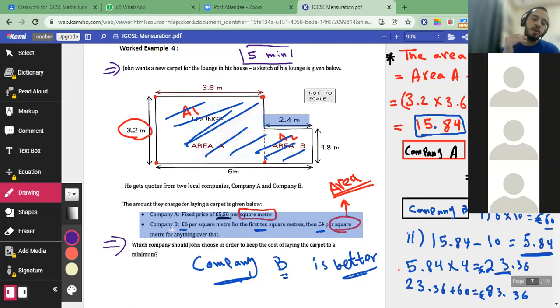Noor, you did a very good job, but in the last step you subtracted from 87. 87 is a price. We don't subtract from 87. Okay? Yeah, that's why I got confused. You subtract from the area. You got it now? Yeah. Please fix it.